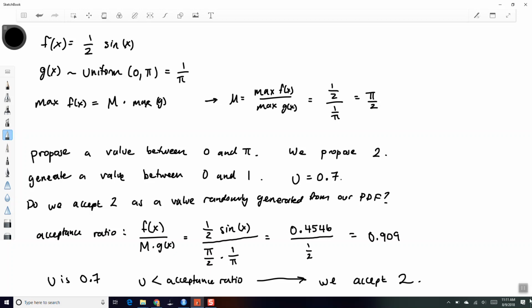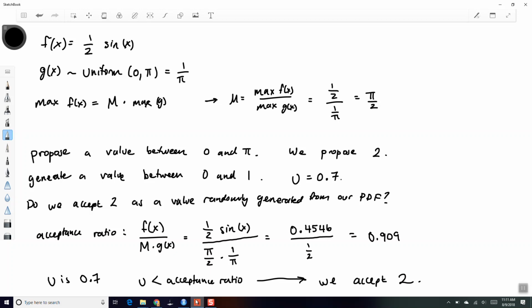We accept the value 2. Okay? How often will u be greater than the acceptance ratio? It'll be greater only about 9% of the time, because we accept it about 91% of the time, which means we will reject it about 9% of the time. Okay?